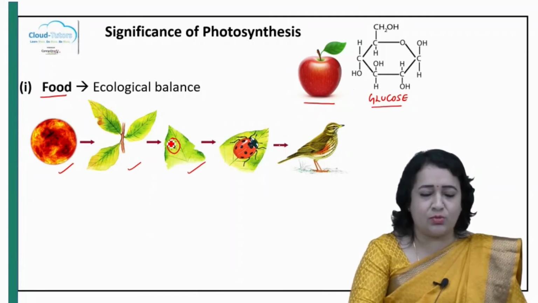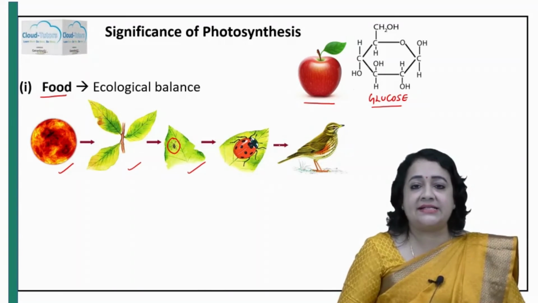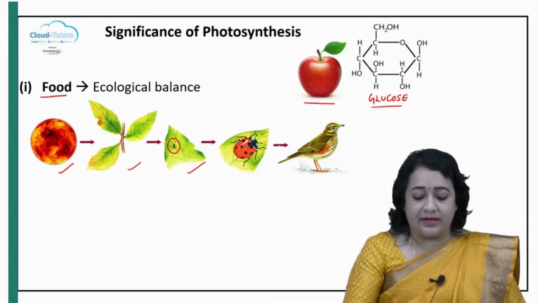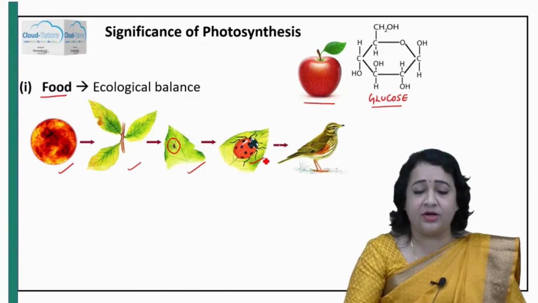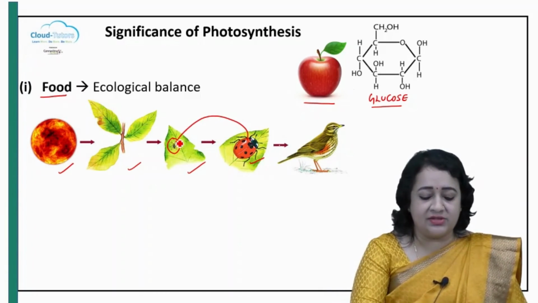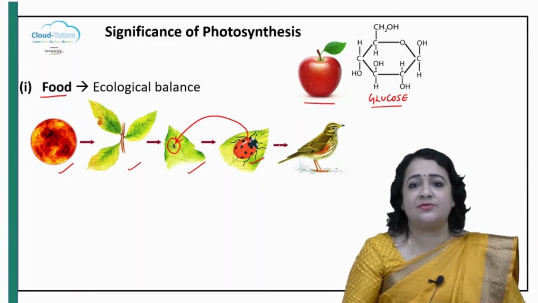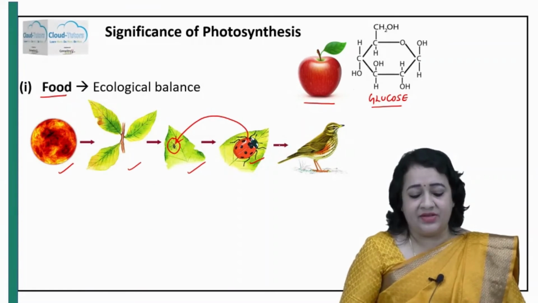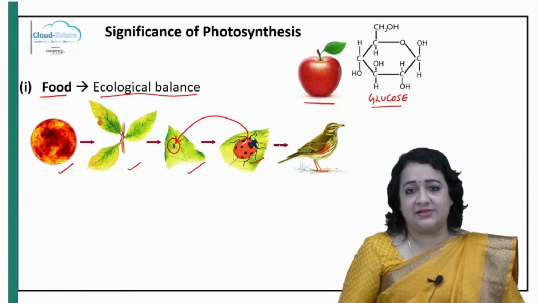Here we have a very small insect feeding on the plant, eating the food prepared by the plant. Now that small insect is eaten by a larger insect, for example a bug. So what is happening here? The food energy is getting transferred from one organism to another, and that helps in maintaining the ecological balance.